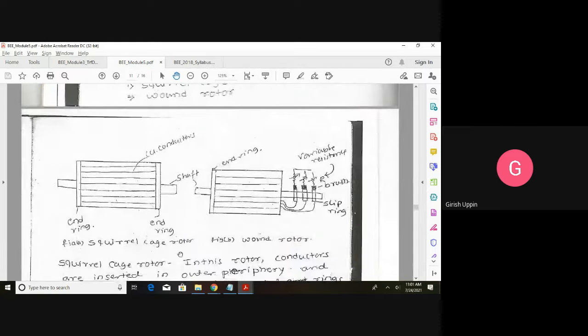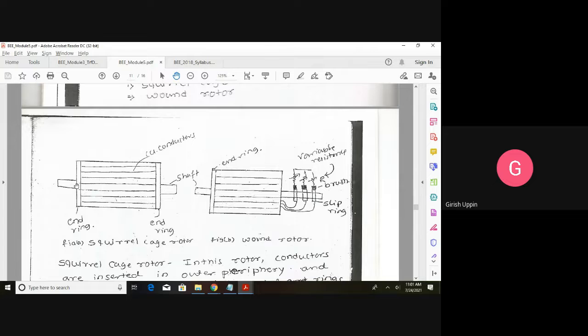For the rotor, just imagine a cylindrical structure having slots on the outer periphery, and inside those slots we place the copper conductors. So all these are the copper conductors, and this is the shaft on which it is mounted.